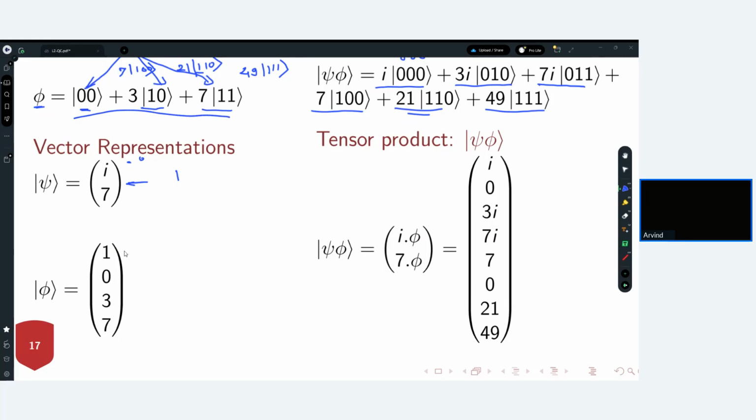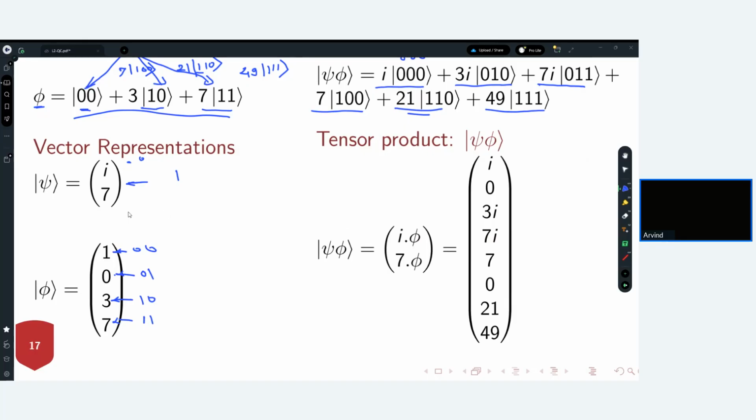One is the coefficient of 00. There is no corresponding term for 01, so 0 is written. 3 is the coefficient of 10, so 3 is present at the 10 position. And 7 is the coefficient of 11, so that's why 7 is present at 11.